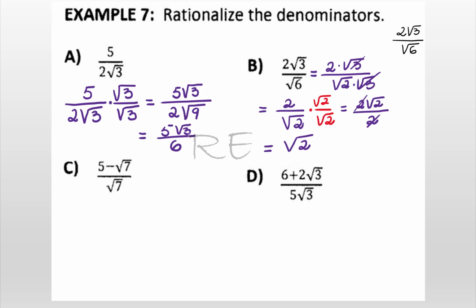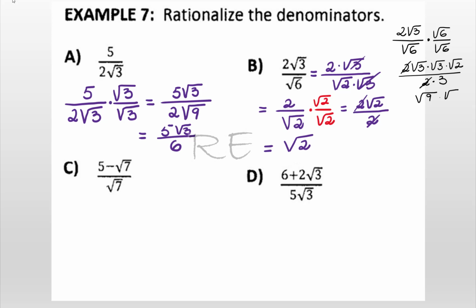Now, if the student decide not to simplify before rationalizing, then he or she will have to multiply by square root of 6 over square root of 6. The numerator becomes 2 square root of 3 times square root of 3 times square root of 2, and the denominator becomes 2 square root of 3, becomes 6. 2 cancel.